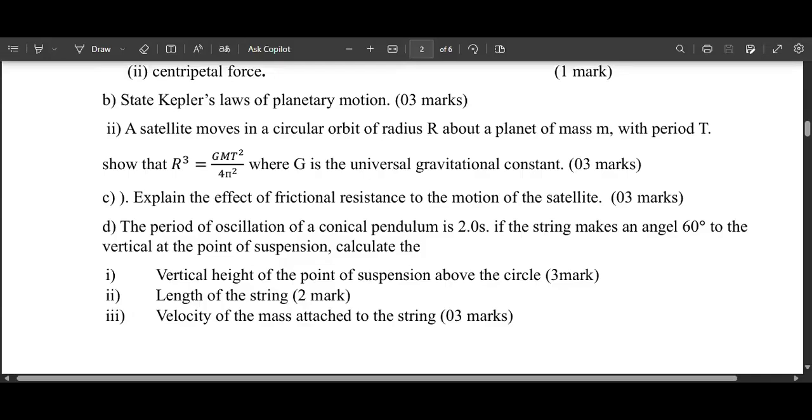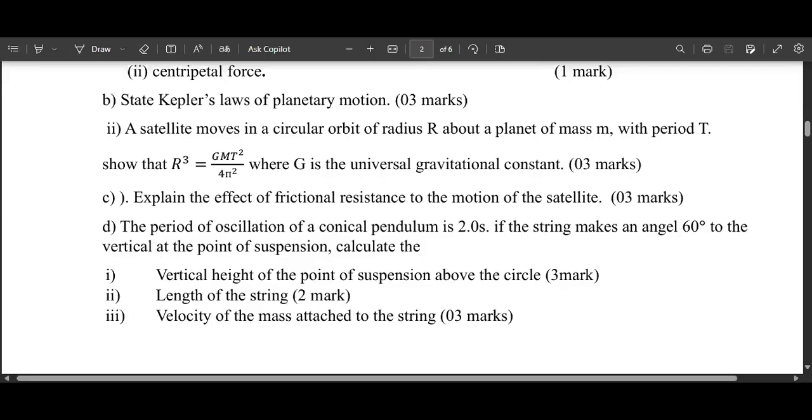And it is this force here that provides the necessary centripetal force that keeps this celestial body in motion. So this is the same as mass of the satellite times omega squared, the angular velocity, times r. So we have GMm divided by r squared is the same as m omega squared times r.